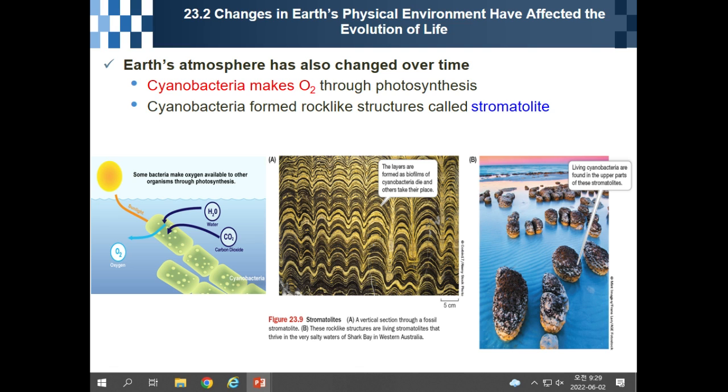Now in the water you can still find stromatolites. This is the stone, and in the upper region the cyanobacteria still live. So maybe 100 years later, this kind of layer will form like this.